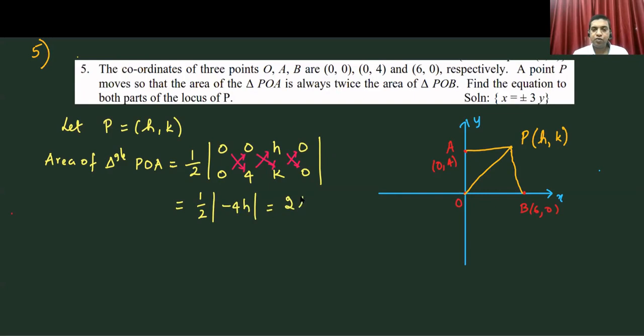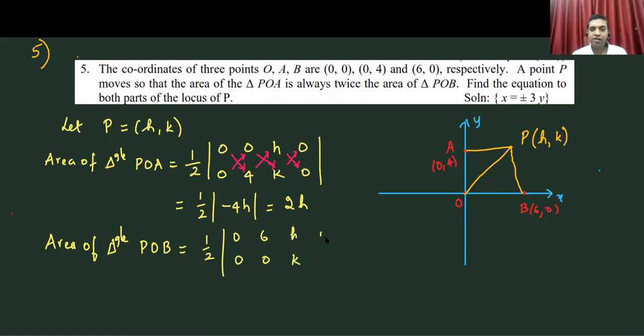Which is 2h in magnitude. Now what is the area of triangle POB? Again half, (0, 0), (6, 0), (h, k), and (0, 0). Again apply the cross multiplication rule.